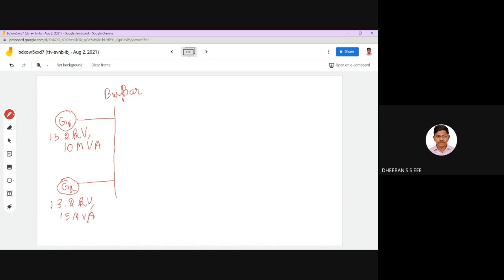So this is the source side, and coming to the load side, you can take it as bus bar 2, and over here, two motors will be connected. M1 you can take as 8 MVA, with a voltage rating of 12.5 kV.